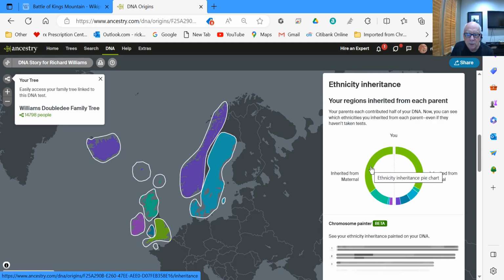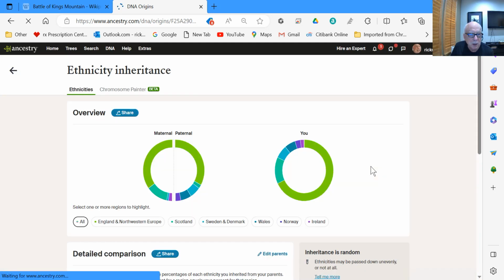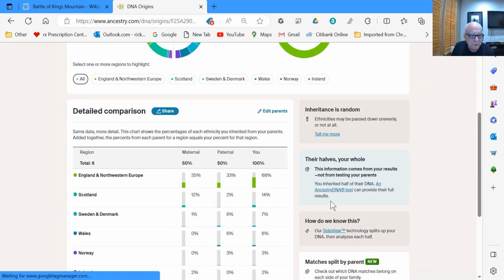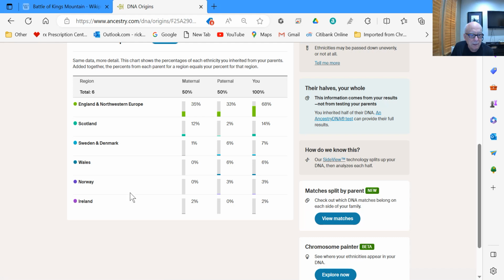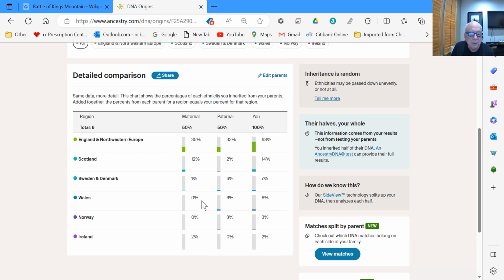But if you click on this part of the chart, then it gives you a specific numerical breakdown, and you can see that for my mother's side, there's absolutely no Welsh indications. There's no indication of any Welsh DNA segments from the maternal side.